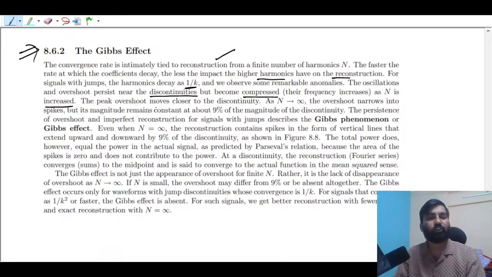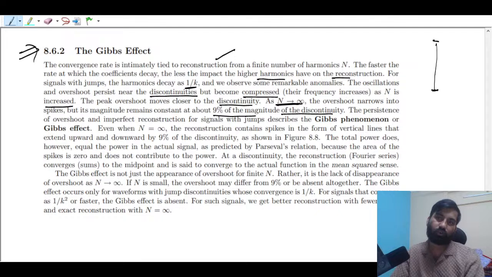The peak overshoot moves closer to the discontinuities, and as N tends to infinity, the overshoot narrows into spikes, but its magnitude remains constant at about 9% of the magnitude of the discontinuity. Suppose this is the magnitude of the discontinuity, so 9% will be persisting over there.